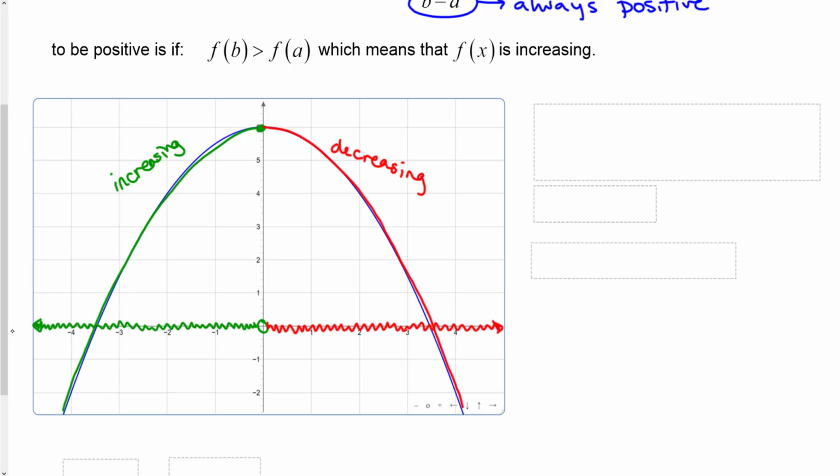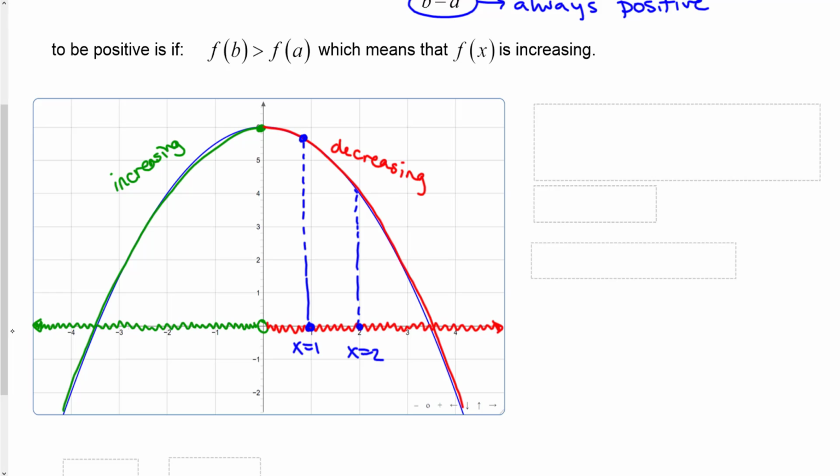Okay. Now, as we go from left to right, b minus a, no matter what 2 points we choose. So suppose I choose the points, let me start with some positive numbers. So let's say I choose the point 1, and then the point 2. Okay, so there is some value associated with each one of those points. So this is x equals 1 and x equals 2.